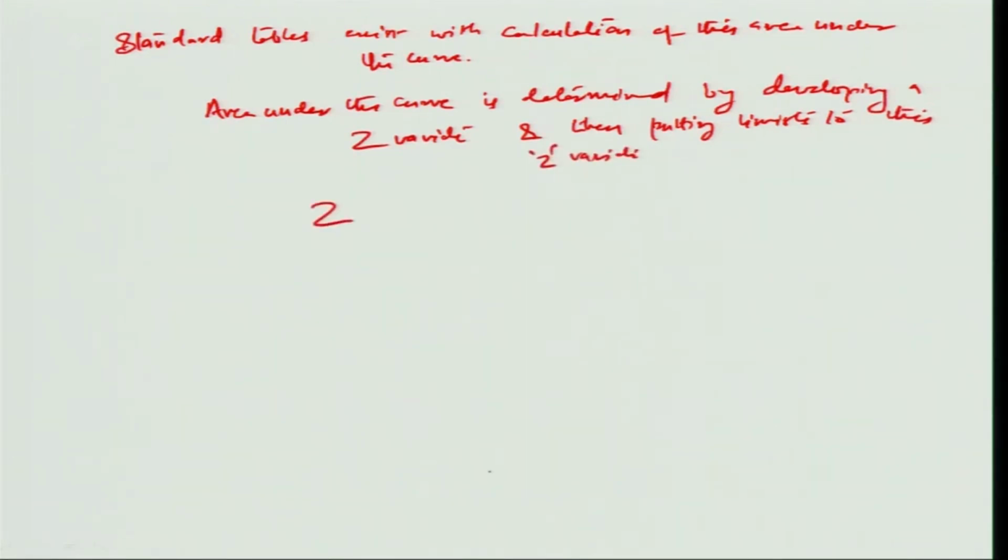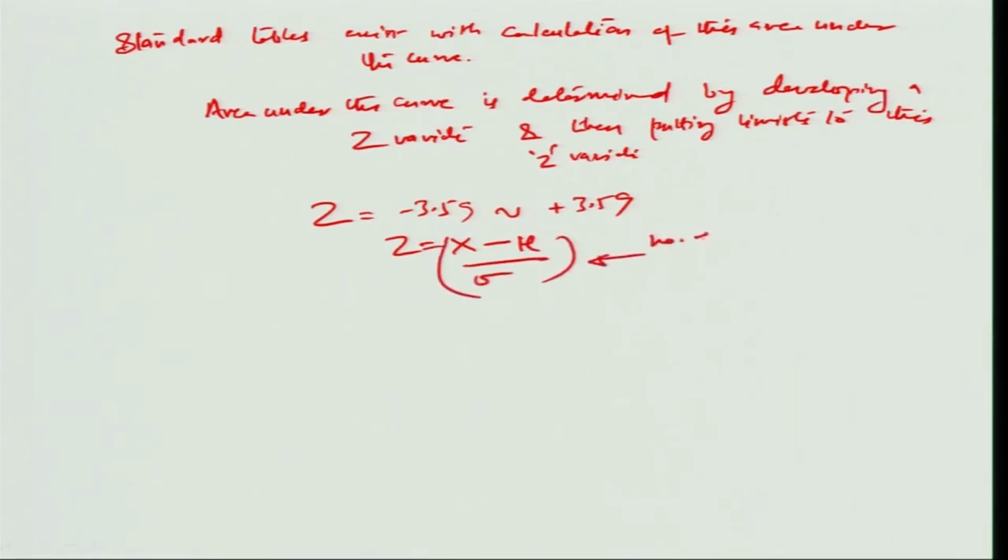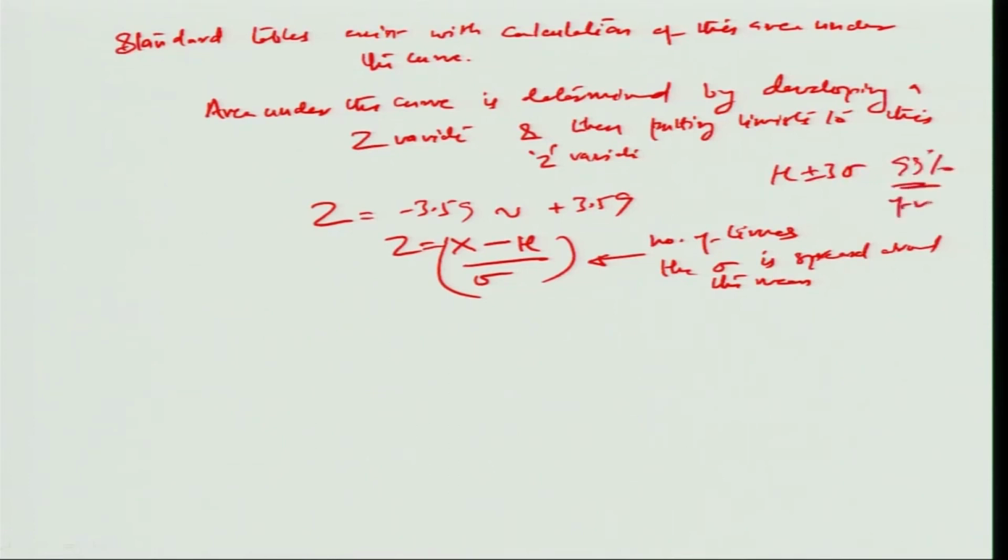Typically, the z value is varying between minus 3.59 to plus 3.59, and the z is actually equal to whatever is the value of x minus mu by sigma. So, it is actually the number of times the sigma is spread around the mean. You already know that within mu plus minus 3 sigma, almost 99% of the values are present.